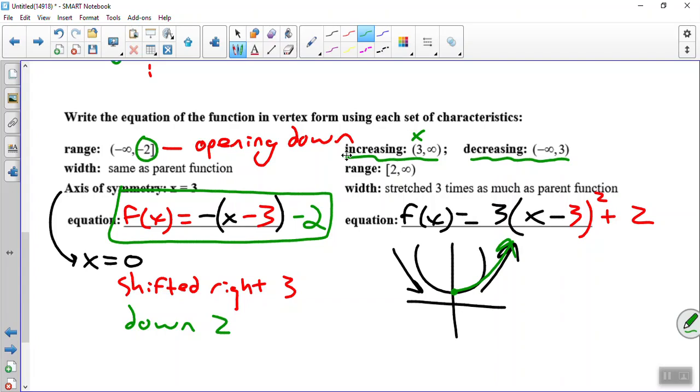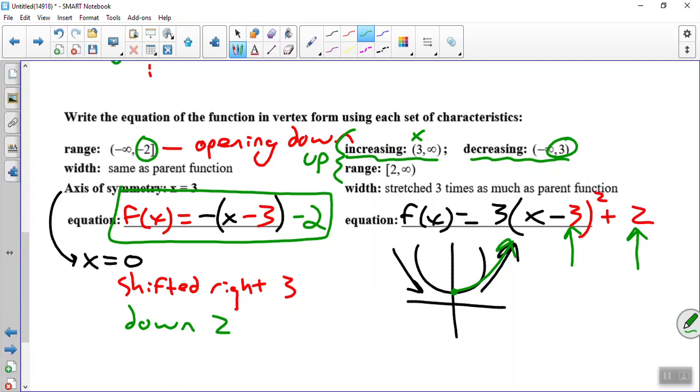Okay, so if it's decreasing from left to right until 3, that means the x coordinate of the vertex is 3. If the range is 2 to infinity, that means it's opening up. Well, these are both clues that it's opening up. All right, and the range is 2 to infinity, so that means the y coordinate of the vertex is 2.